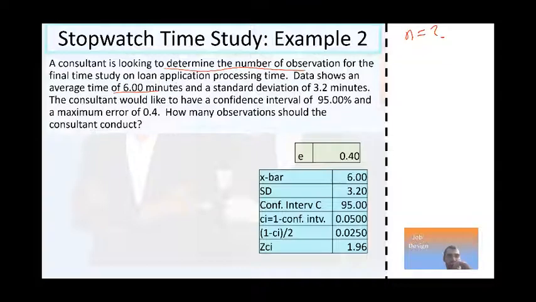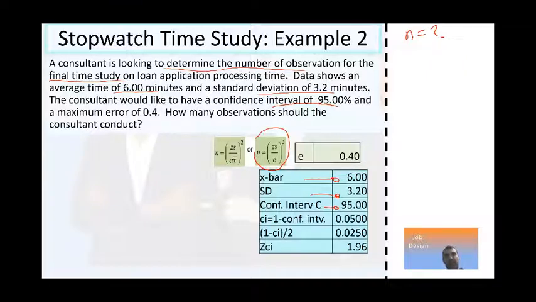X bar is 6, standard deviation is 3.2, and the confidence interval is 95%. First of all, which equation to choose? Obviously, we choose the equation to the right, because they're saying this is a final time study.